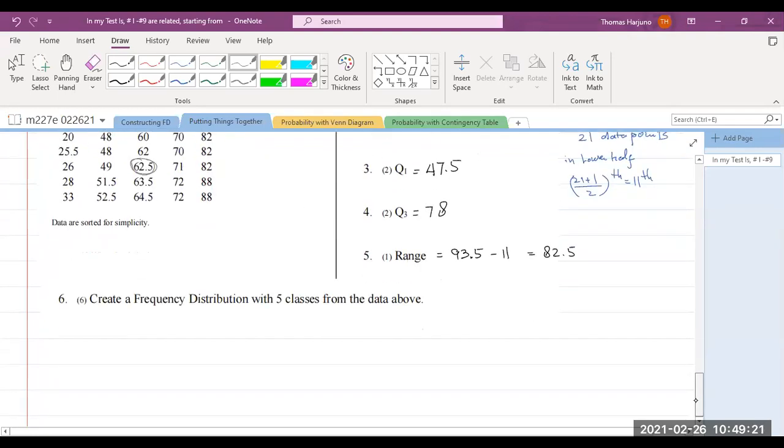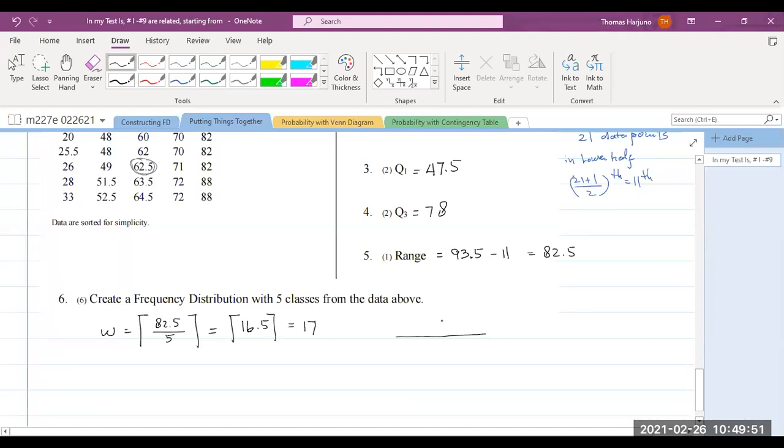Okay, now then create a frequency distribution with 5 classes from above. So the class width will be the range 82.5 divided by number of classes 5. Then that will be 16. Oh, 16.5. So I will use 17.